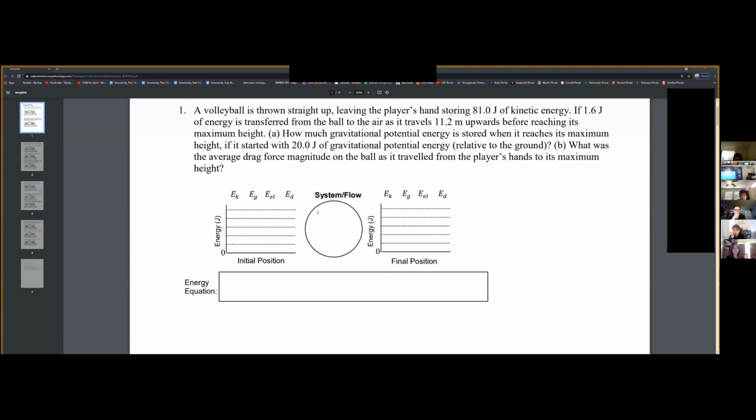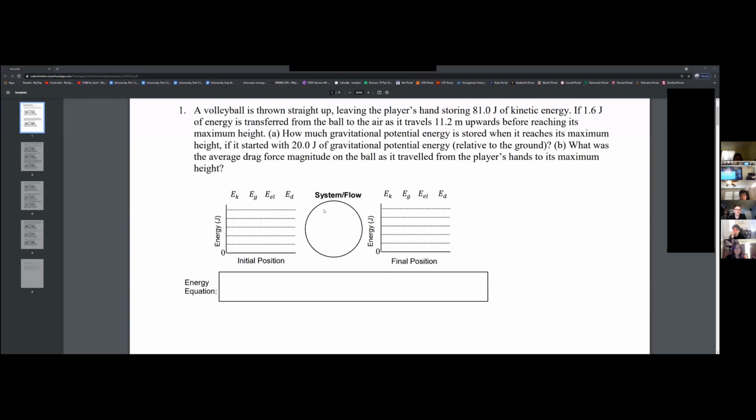So for the bar charts, initially we had mostly gravitational and a little bit kinetic for the energy. Sorry, no, it was the other way around. It was mostly kinetic because it was the 81, and then a little bit gravitational.